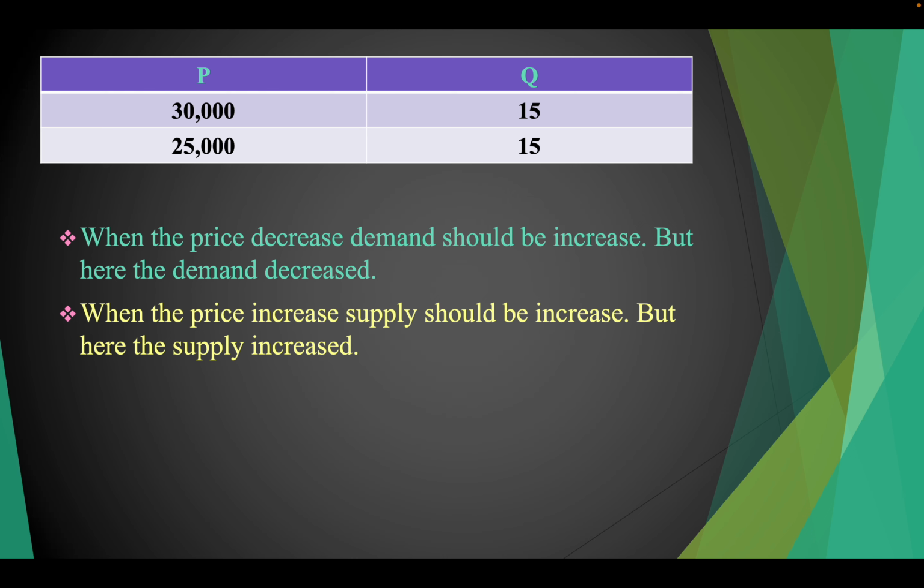What happened to the demand and supply? You know, there is a negative relationship between price and quantity demanded. When the price increases, the quantity should decrease, and when the price decreases, the quantity should increase. That is the negative relationship. Here you can see the price going from 30,000 to 25,000, a decrease, so the quantity should increase.